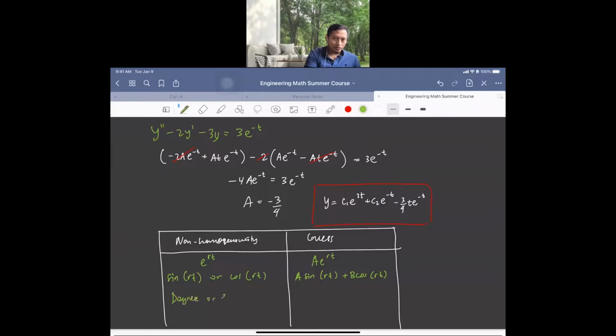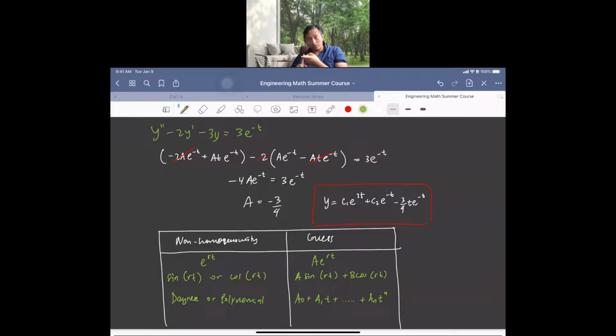And if you have a polynomial of some degree, then your guess should be a0 plus a1 t plus dot dot dot plus an t to the power n, depending on how many coefficients you have. Then the steps are going to be the same.